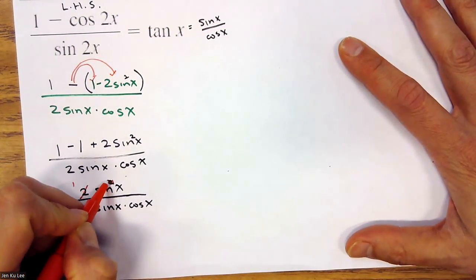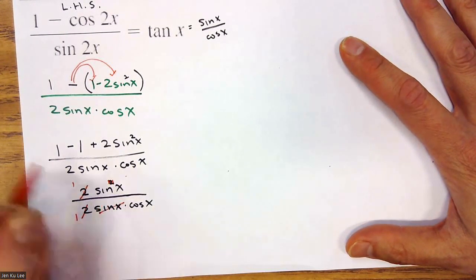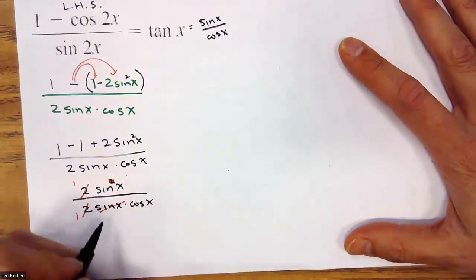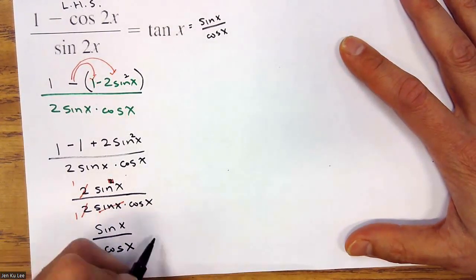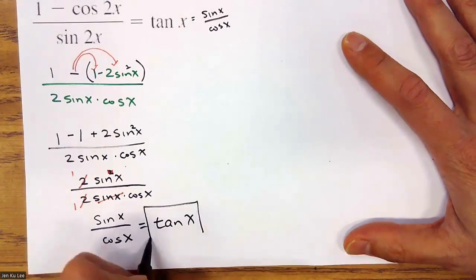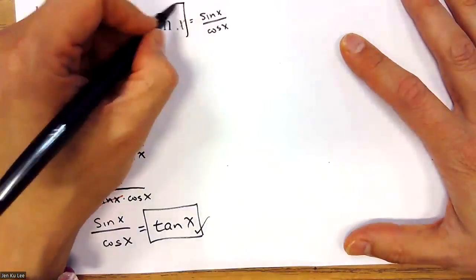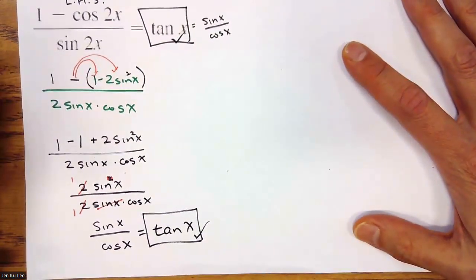One of these sines will cancel out with this sine, and we're left with sine over cosine, right? Which equals tangent of x. So since that looks like that, we should be good.